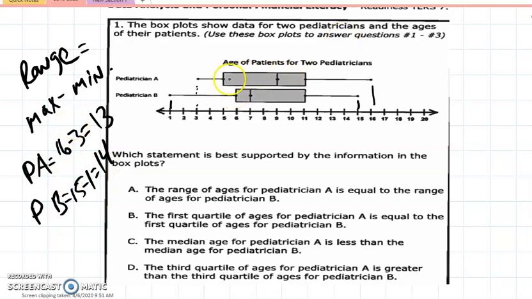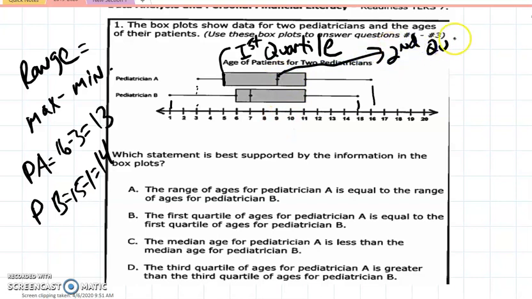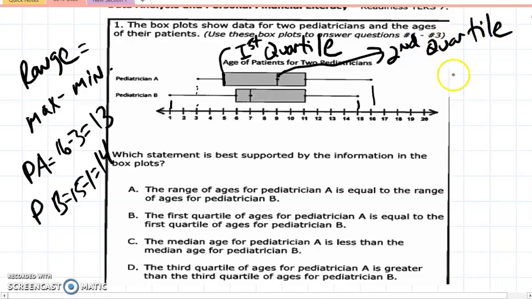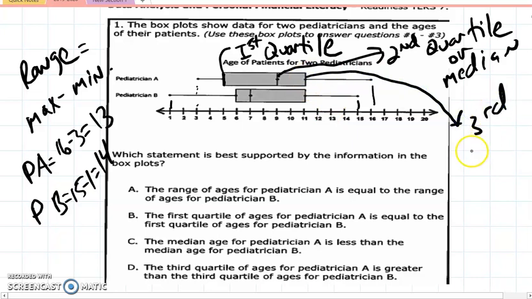This part here is called the first quartile. This one here is called the second quartile, or median. And this one here is called the third quartile.